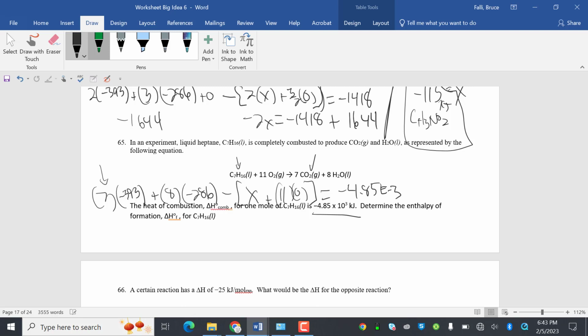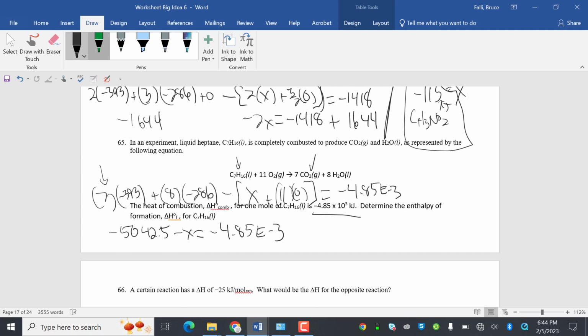So let's collect the left term. 7 times negative 393.5 plus quantity 8 times negative 286, close quantity, is negative 5042.5, minus x equals negative 4.85 e negative 3.